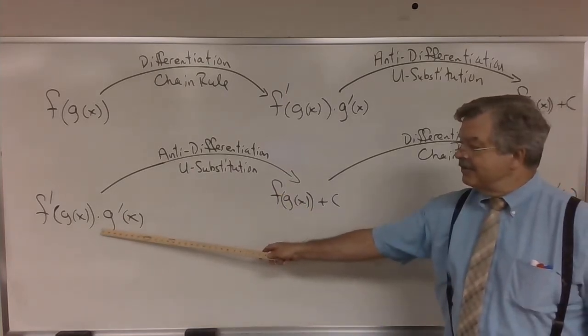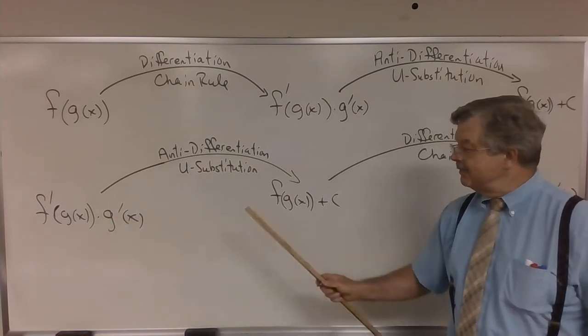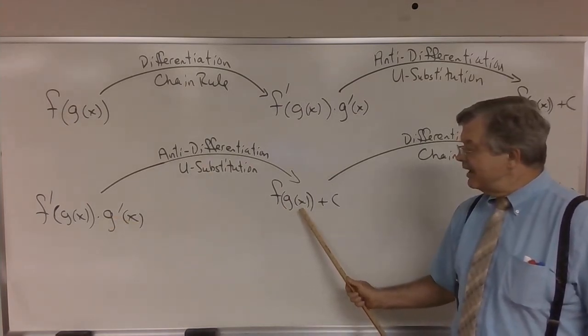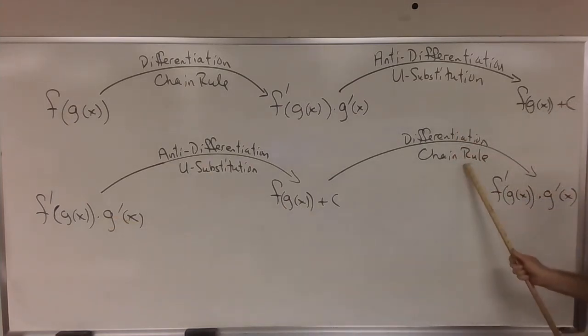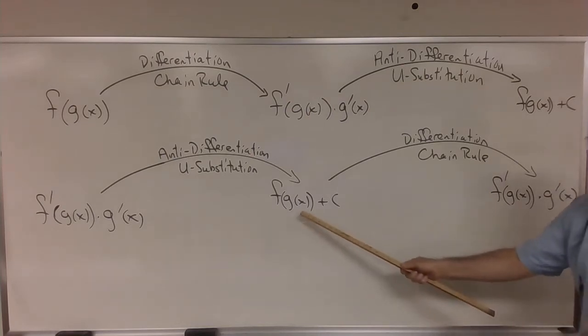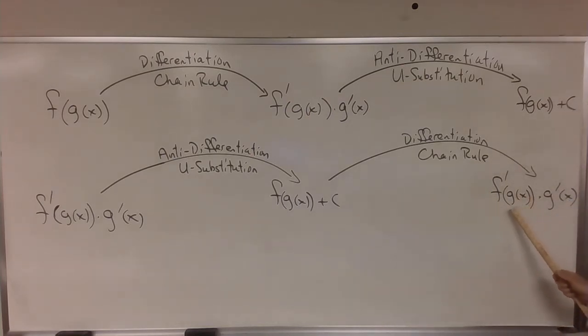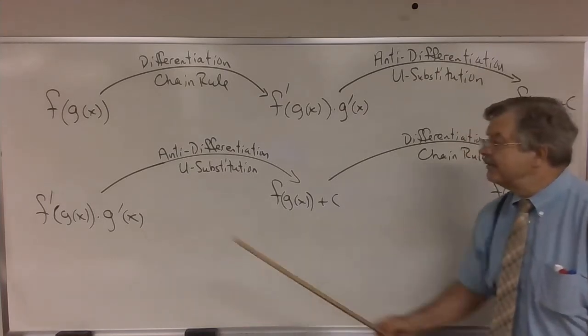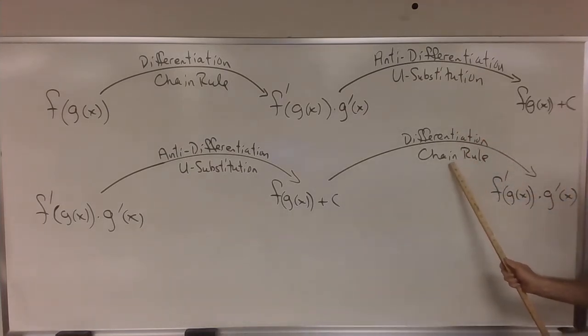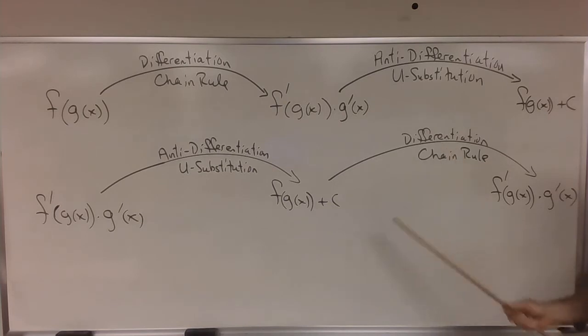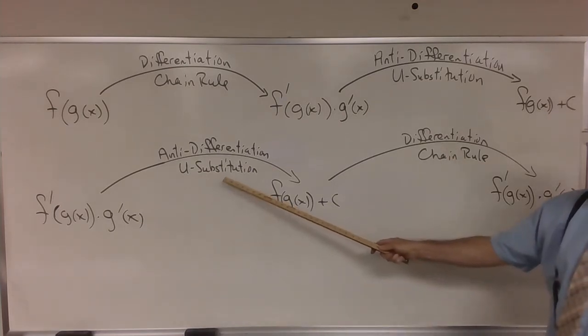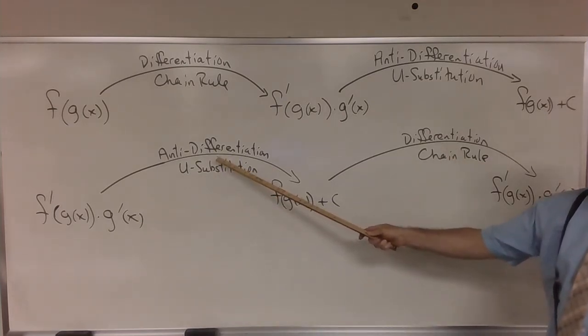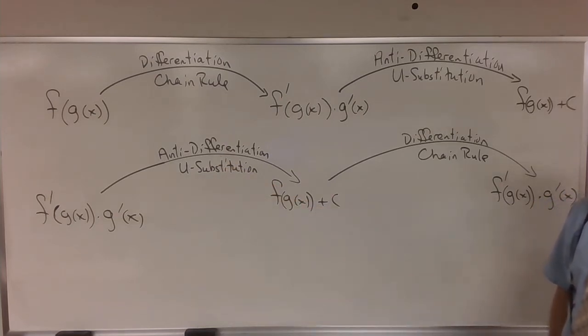U-substitution gives us that composite function, and the chain rule takes this composite function and gives us the derivative of a composite function that we started with. So here the chain rule, through differentiation, undoes U-substitution and anti-differentiation.